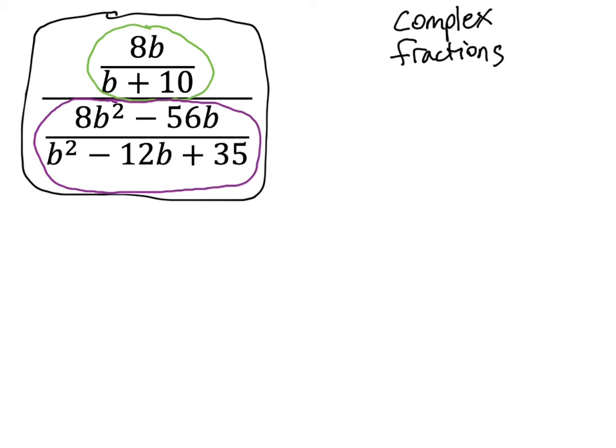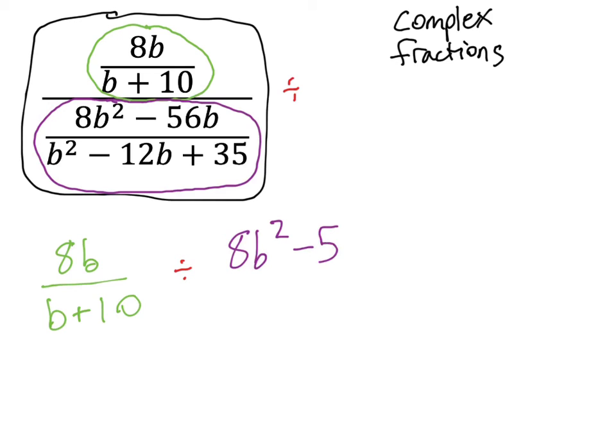So one way that we could rewrite this expression is with 8b over b plus 10 divided by 8b squared minus 56b all over b squared minus 12b plus 35. So that's what a complex fraction really means. It means that we're taking two fractions and dividing them.